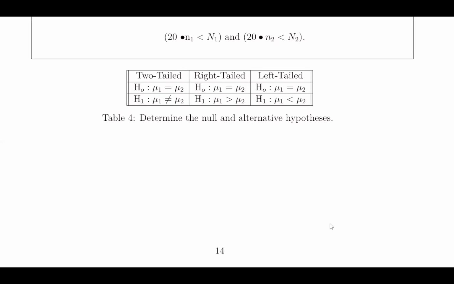So the null hypothesis should always be mu1 equals mu2, but the alternate hypothesis will be mu1 is not equal to mu2, mu1 is greater than mu2, and lastly, mu1 is less than mu2. All right. Everybody good for the null and alternate hypothesis?